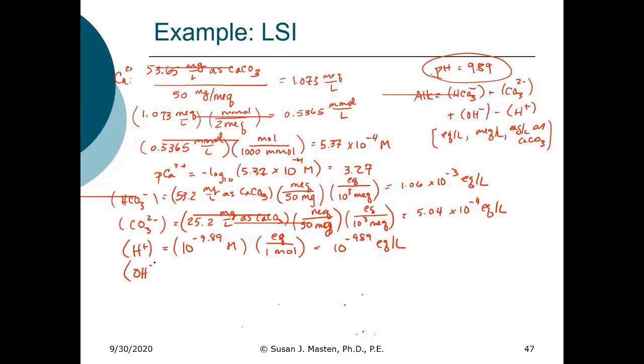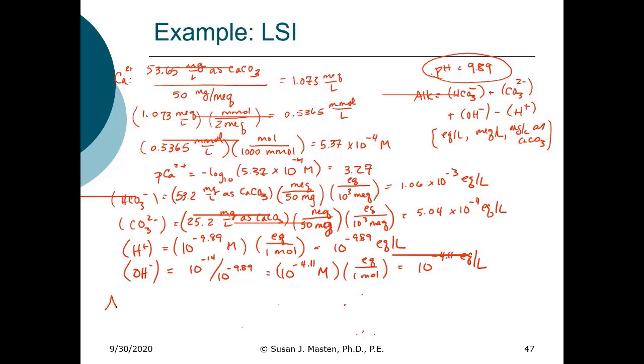And then OH minus is equal to 10 to the minus 14, and I'm not taking into account temperature effects on the equilibrium constant, so ignoring that. And this is 10 to the minus 4.11, so that would be in molar units. We can multiply that by 1 mole per equivalent, and that is 10 to the minus 4.11 equivalents per liter.